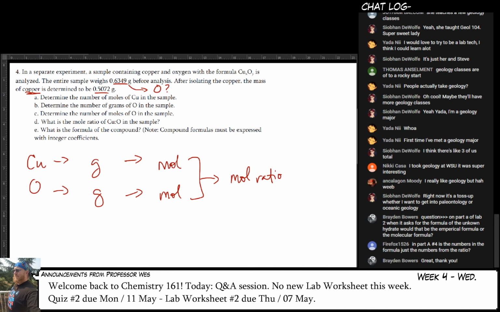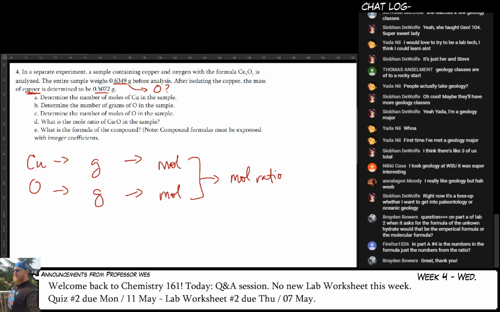Part A number 4 is the numbers in the formula, just the numbers in the ratio. I gotta look at the problem again. Hold on. That's the syllabus. That's part B. Where am I? There's number 4, okay. Oh, I lost a parentheses on my question here. That's okay.